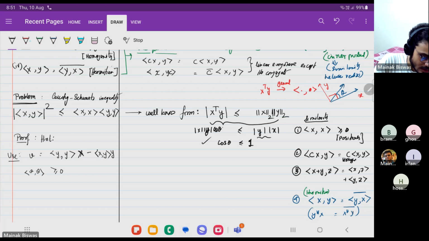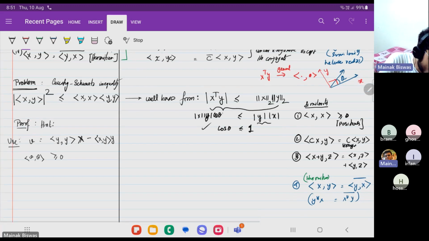Very good. Let's prove the Cauchy-Schwarz inequality for this general class of inner products. So we will not be proving it only for transpose and dot products, but for abstract spaces. Inner product is a similarity. Remember this always.